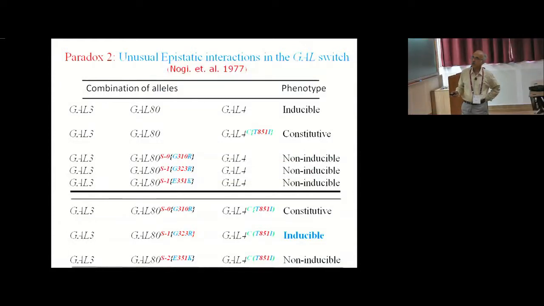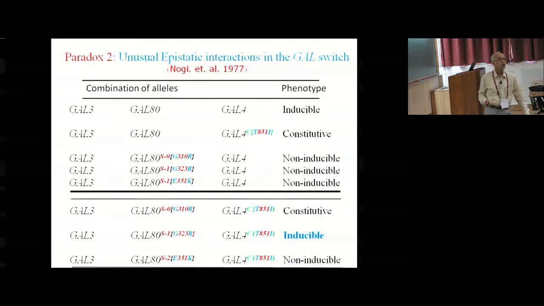The first 2 scenarios, the mutation affects the interface region between GAL80 and GAL4. That's why we see this phenotype, whereas in the case of non-inducible, the homodimeric interaction between GAL80 and GAL80 is preserved, so even if GAL3 binds to GAL80, the inhibition interaction is not removed. Is it the case?